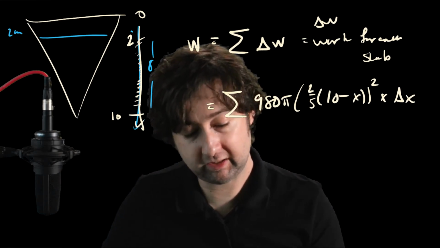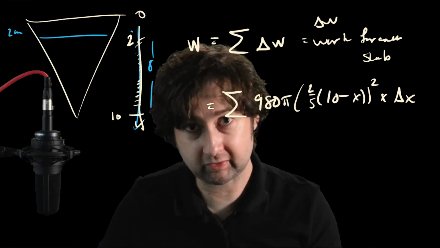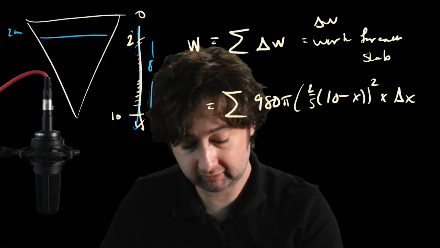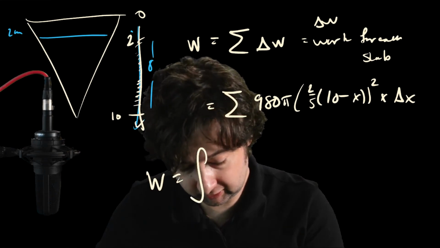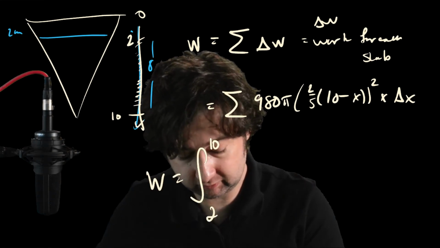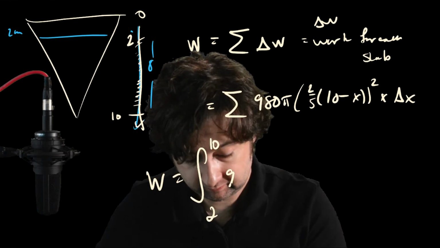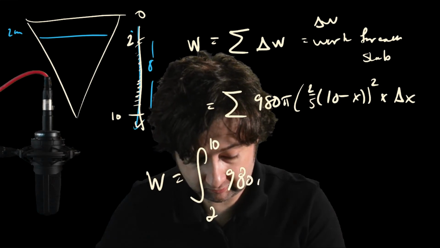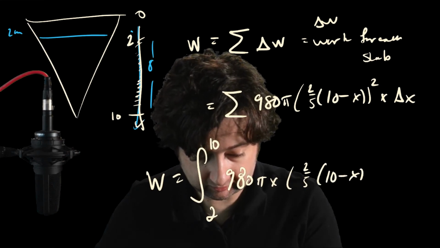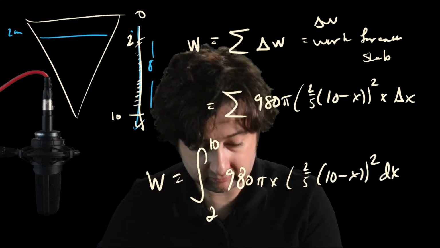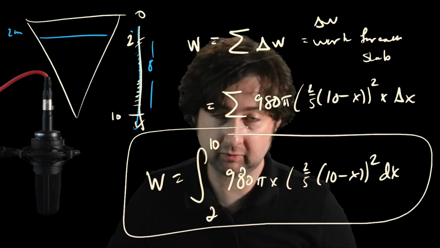And if I want to make that into not just an approximation, but an actual real value, work is going to be equal to the integral from 2 to 10, because that's where the slices are located, of 980 pi x 2/5 (10 minus x) squared dx. And so this thing right here, that's the work integral.